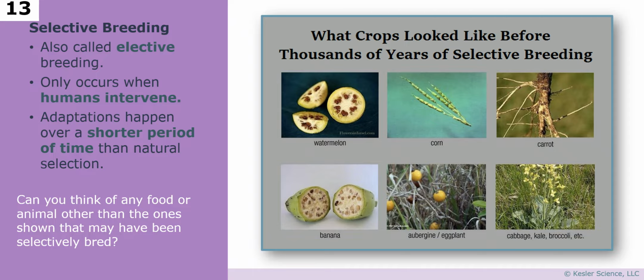Chickens, some breeds are really good for producing meat, they just get plumper way faster. Some breeds of chicken are really, really good at producing lots and lots of eggs. So we have selectively bred these animals and these plants to give us what we need.